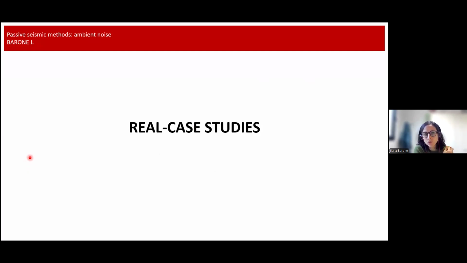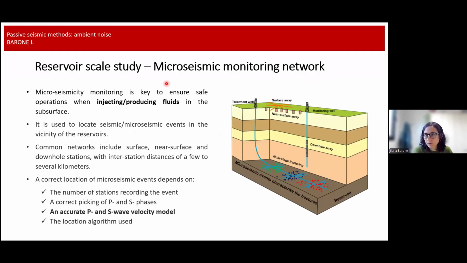So I just want to show you a couple of case studies that are quite different in terms of scale of application and also motivation for the study. The first one refers to a microseismic monitoring network.